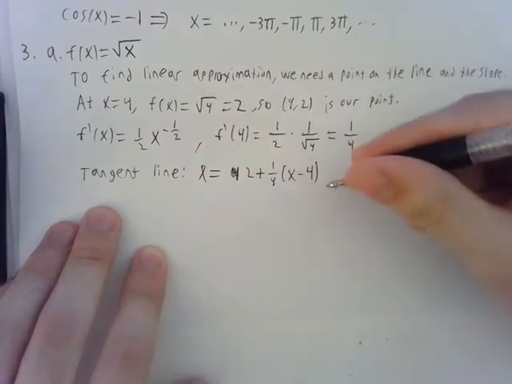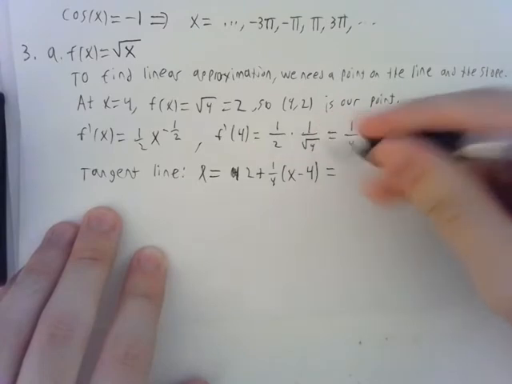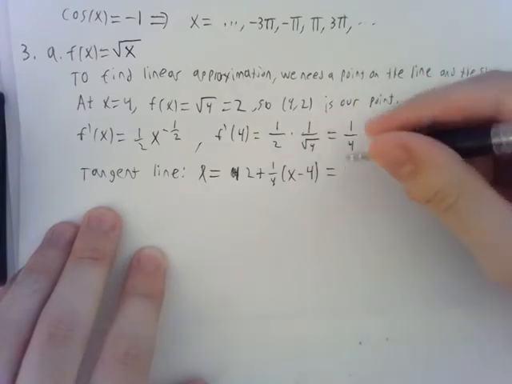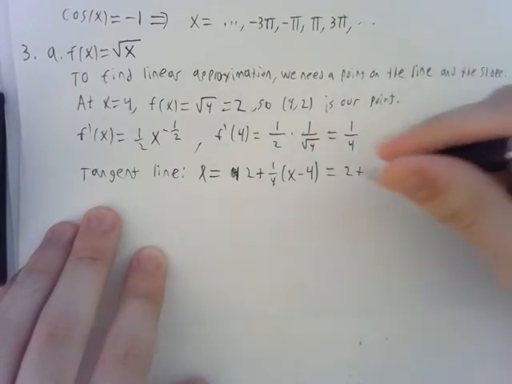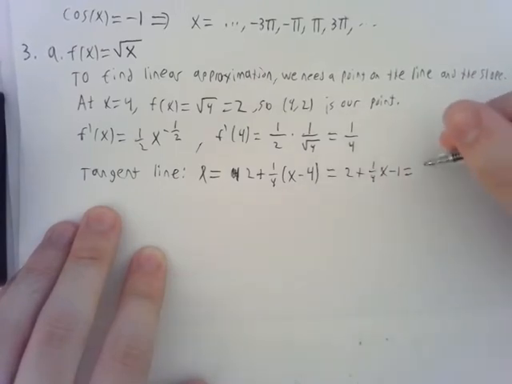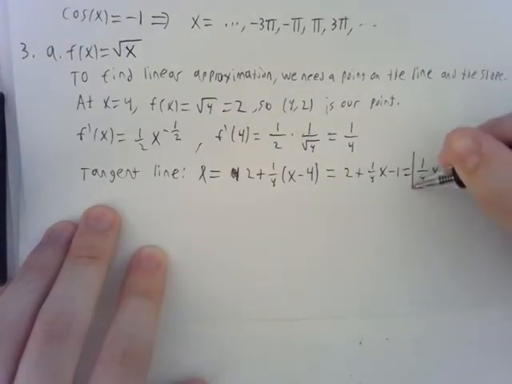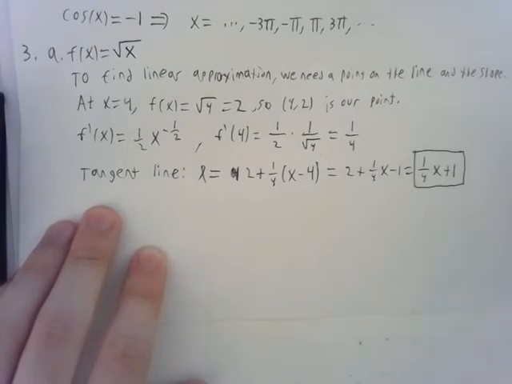If we expand this out, we get 2 plus 1/4 x minus 1, which is 1/4 x plus 1. So that is the linear approximation to this function.